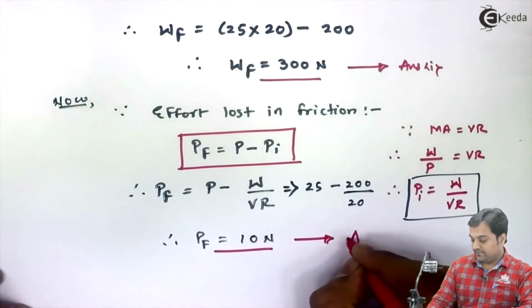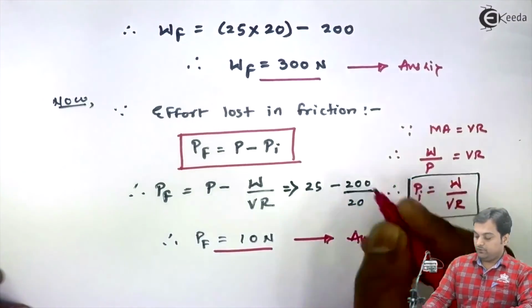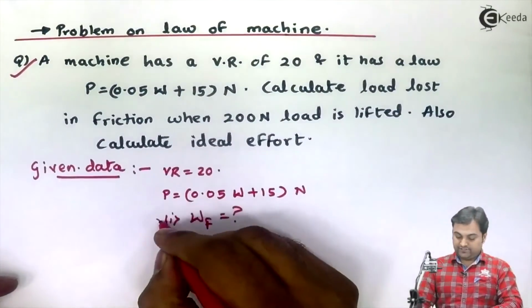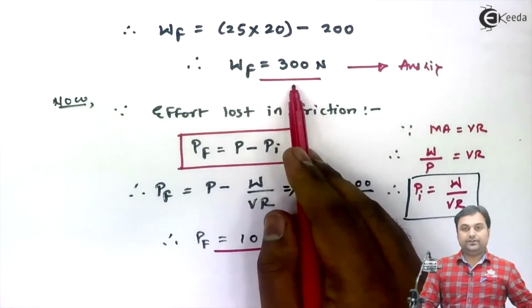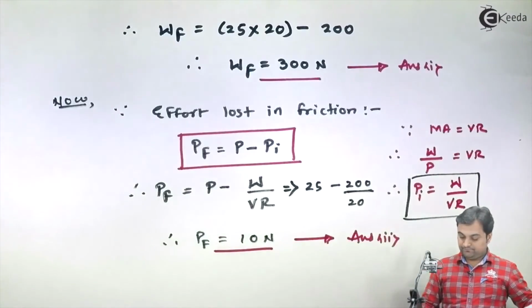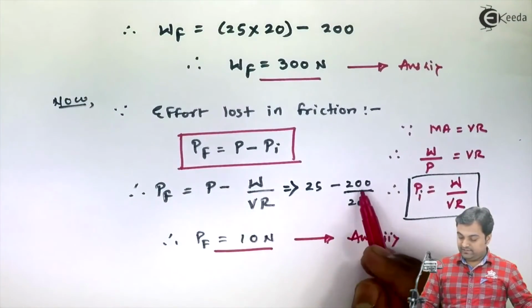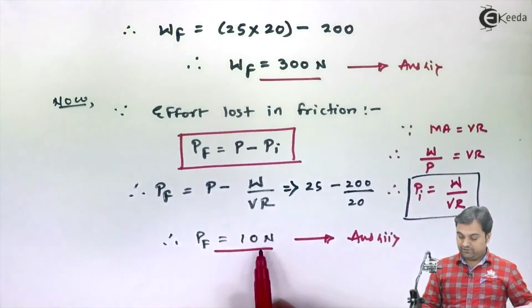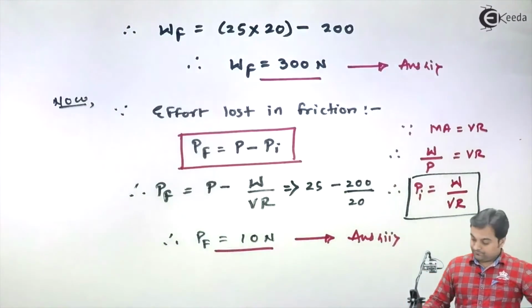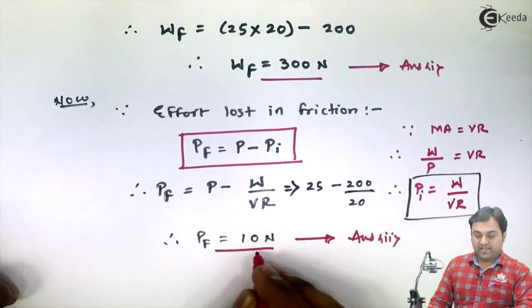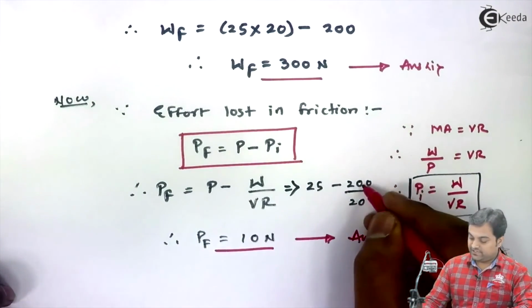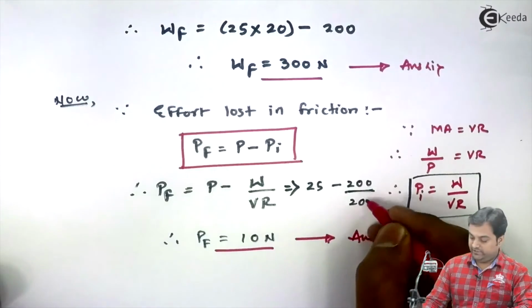As we see, both the questions have been solved, that is we have calculated the load lost in friction, answer is 300 Newton. Then effort lost in friction is 25 minus 200 divided by 20, that is 10.